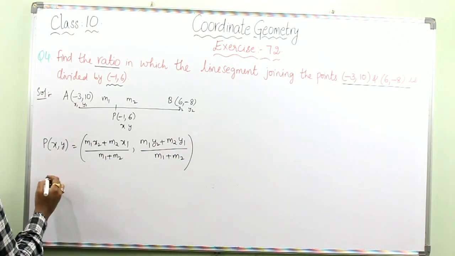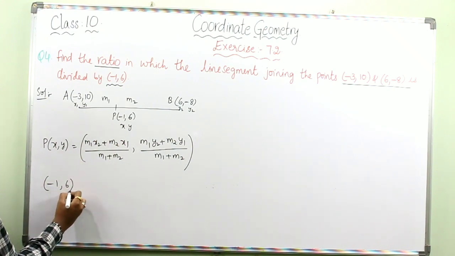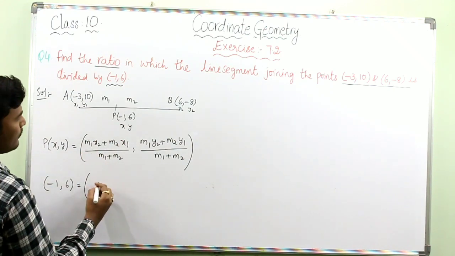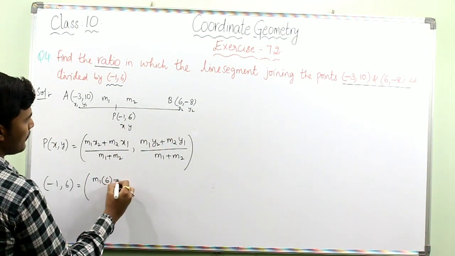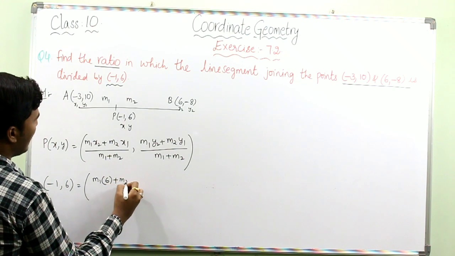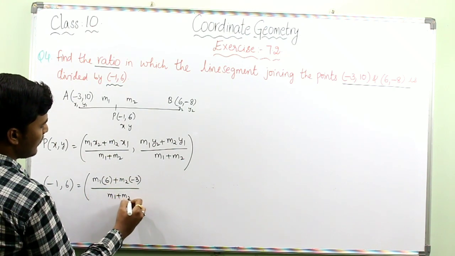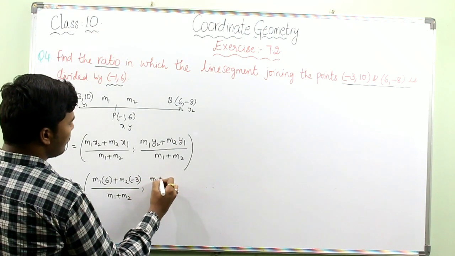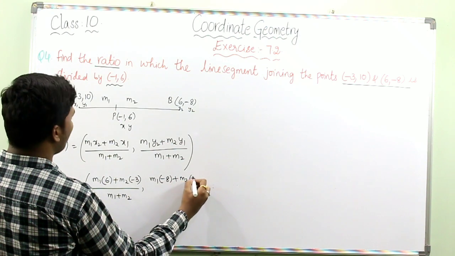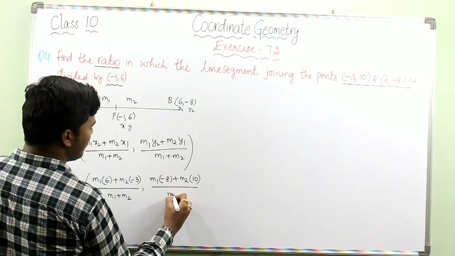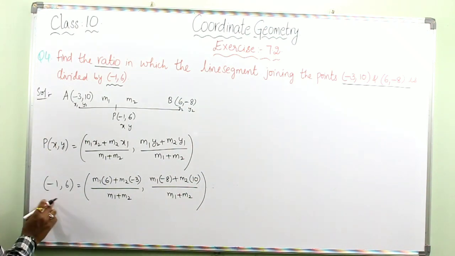So here we have the point P of x comma y as minus 1 comma 6 is equals to m1, we don't have, let it be m1, and x2 is having as 6 plus m2, we don't have, and x1 is minus 3 by m1 plus m2. Similarly m1 into y2 is given by minus 8 plus m2 into y1 is given by 10 by m1 plus m2.